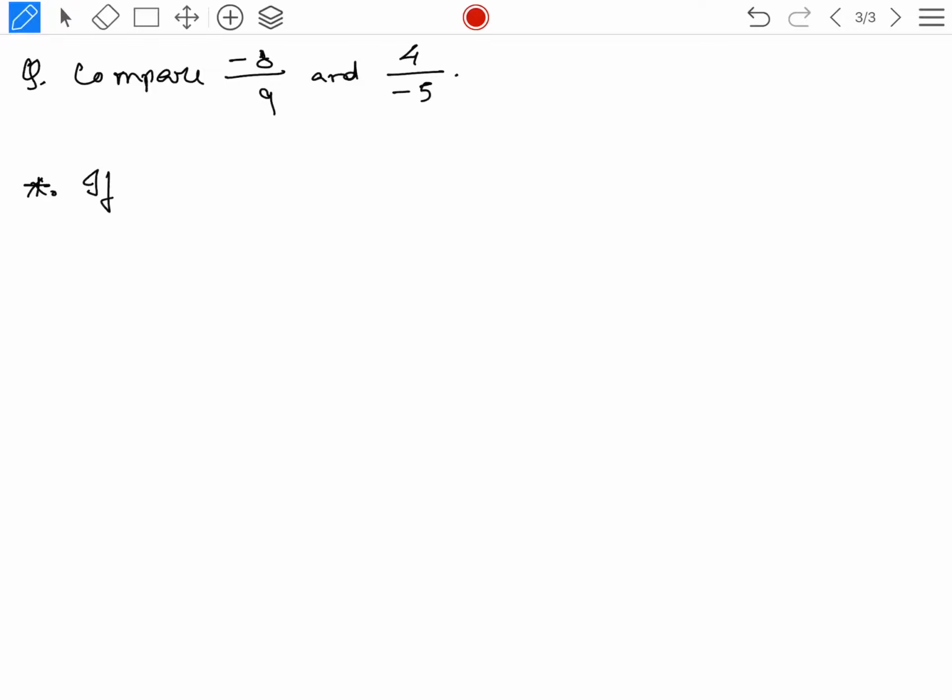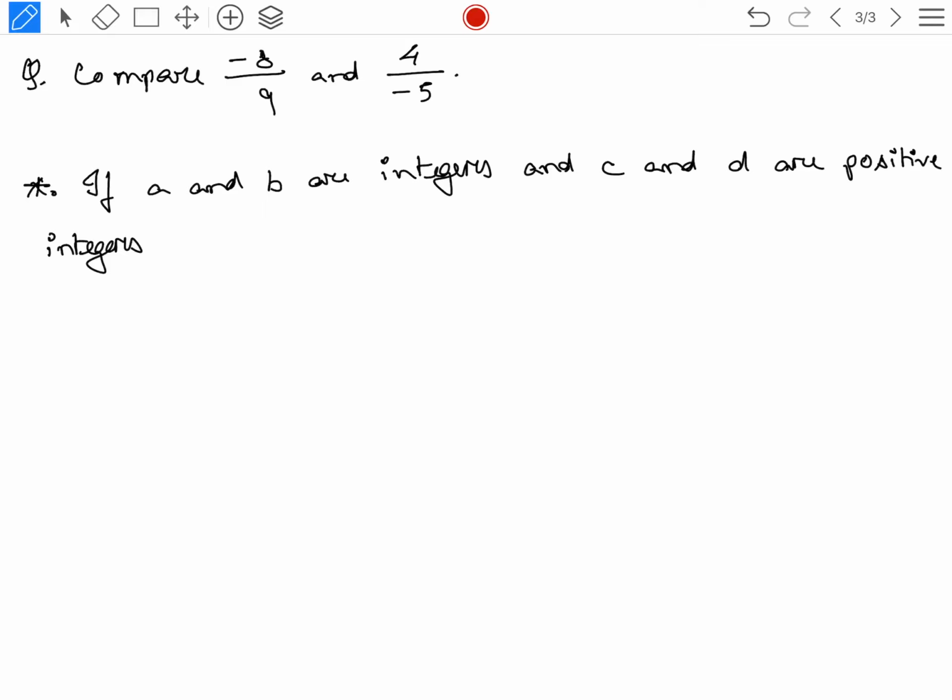See, if A and B are integers, first you will write, then I'll explain. If A and B are integers and C and D are positive integers, then we will compare two rational numbers.